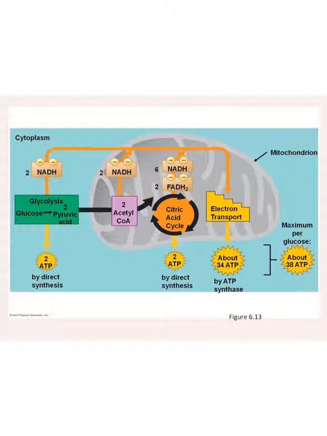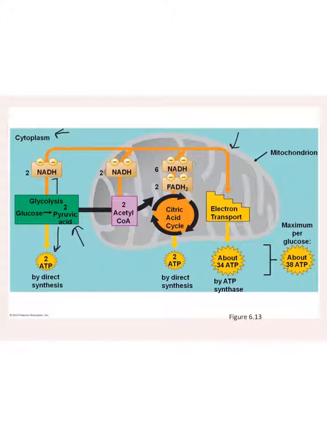All right, now this will be super important. It basically just shows you everything we've done so far. We started off with the first reaction called glycolysis. Remember, that occurs in what's called the cytoplasm of the cell, basically just the fluid that's not within an organelle like here, the mitochondrion. In glycolysis, we made 2 ATPs.